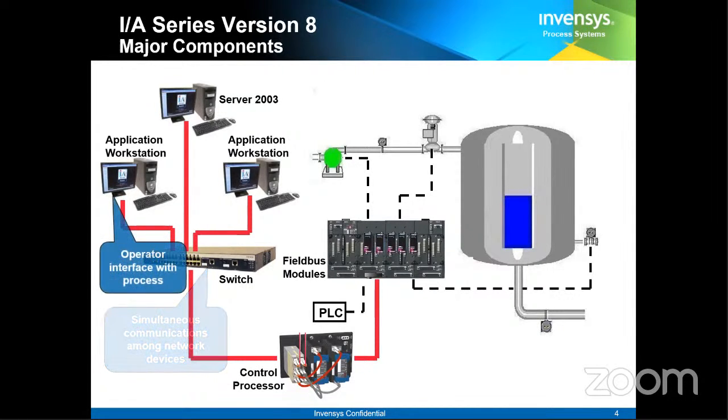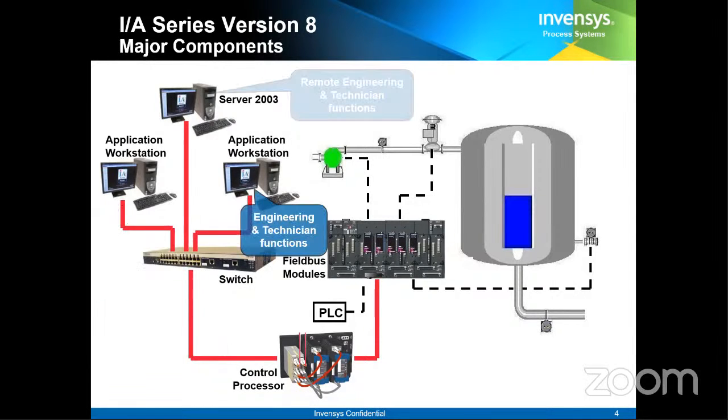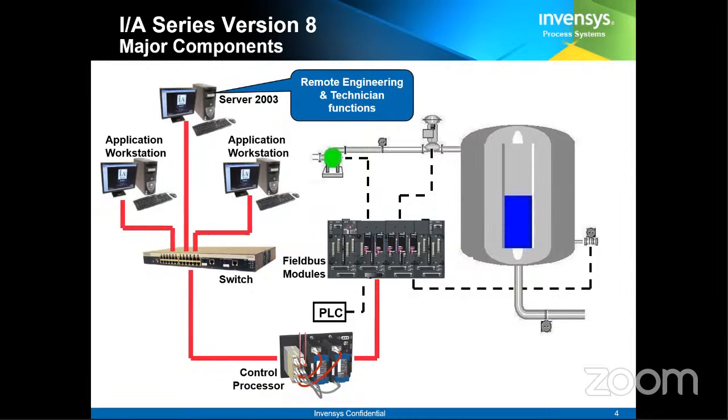The question: what is the mode of communication in the field bus? As I have mentioned before, the field bus model depends on the protocol you have on the field side. If you are using a transmitter which is a HART transmitter, then you will have a HART module.